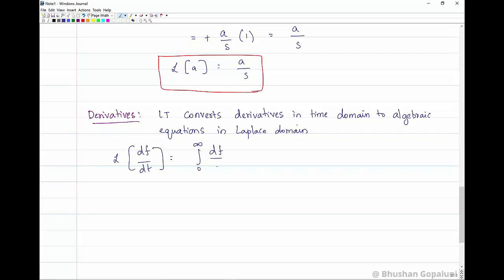Let's derive a Laplace transform of a derivative. As I mentioned earlier, derivatives in time domain become algebraic expressions in Laplace domain, and therefore finding the Laplace transform of derivatives is going to be very useful.